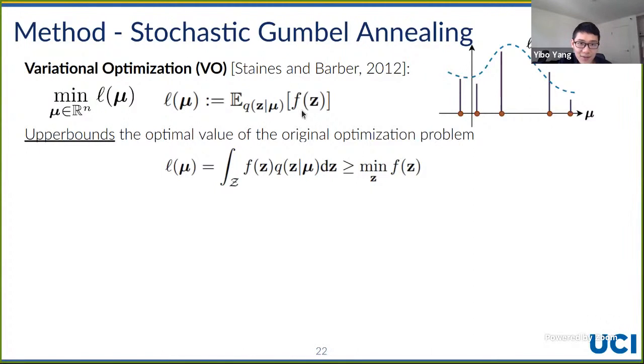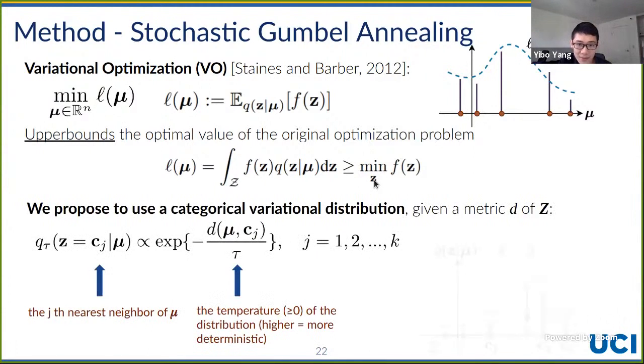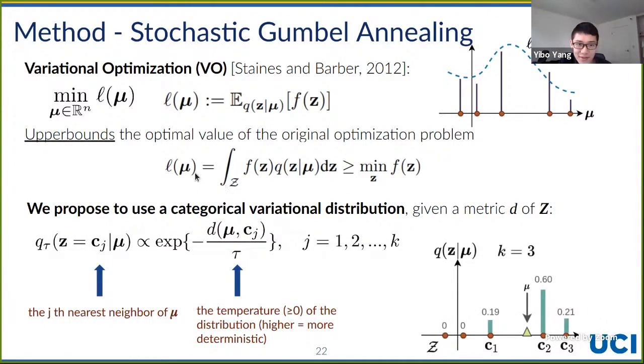And you can show that the surrogate objective, which now has value everywhere in terms of mu, upper bounds the optimal value of the original optimization problem, where you optimize over all the discrete values of Z. So the basic idea is then to minimize the surrogate function in terms of mu and hopefully end up with something that we can ultimately round to the nearest value of Z.